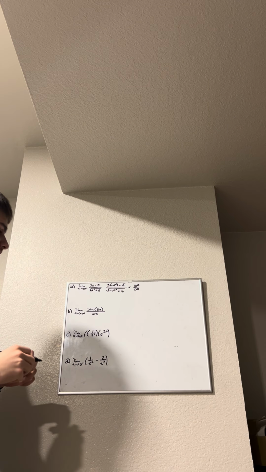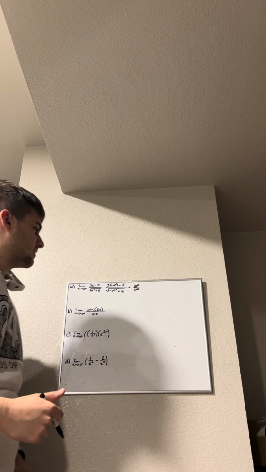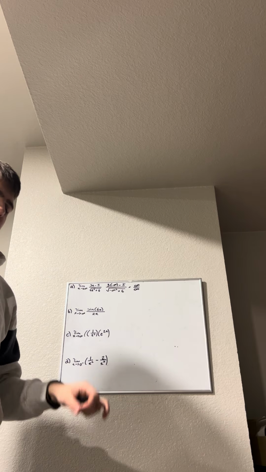So what would we want to do next? In this case, we want to rewrite the limit expression in such a way that it makes it easier for us to solve it.